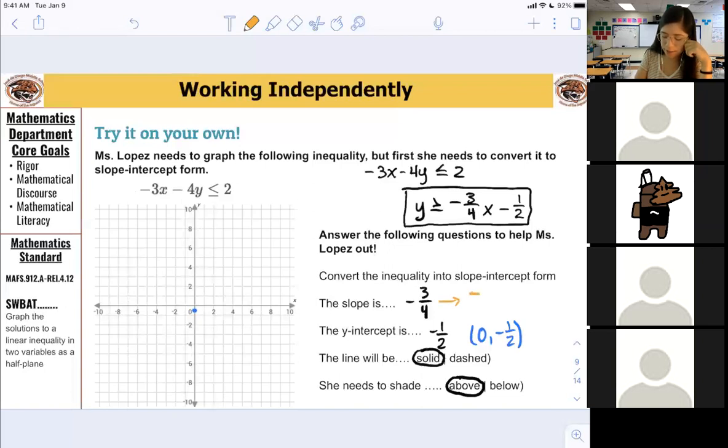So if we put the negative up on top in the numerator, this is down 3 and then 4 to the right. Okay, so down 3, 1, 2, 3, and then 1, 2, 3, 4 to the right. Okay, there's my dots. I have a solid line. And I am shading above.